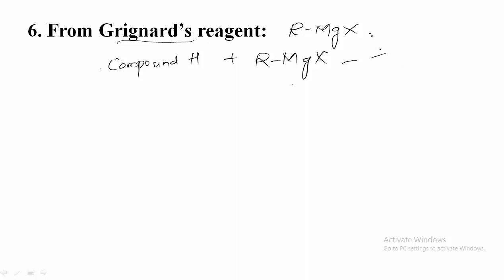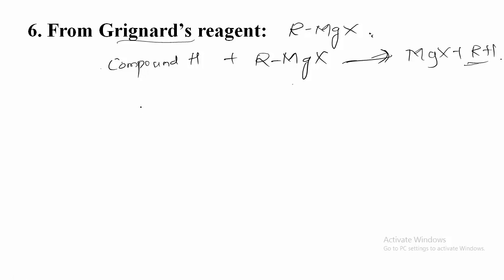Okay. Then from Grignard's reagent. So Grignard reagent means it is an alkyl magnesium halide. It is said to be Grignard reagent. Now if we take any compound and react it with the Grignard reagent, then we will get MgX along with RH. So here we will get the alkane by using Grignard's reagent.